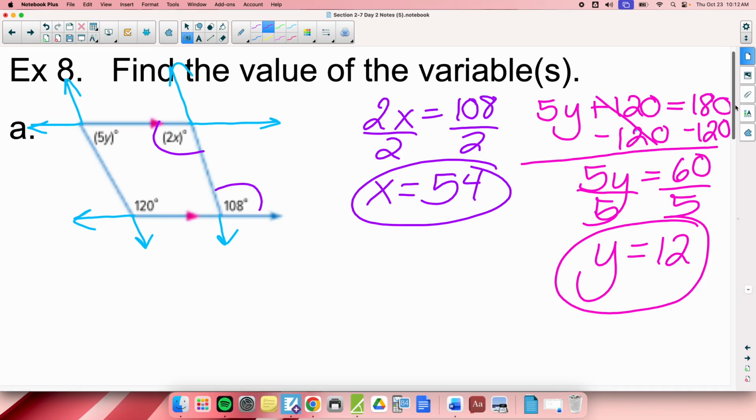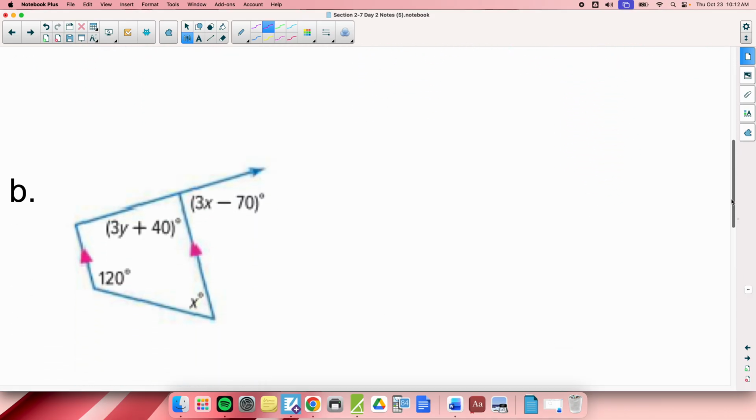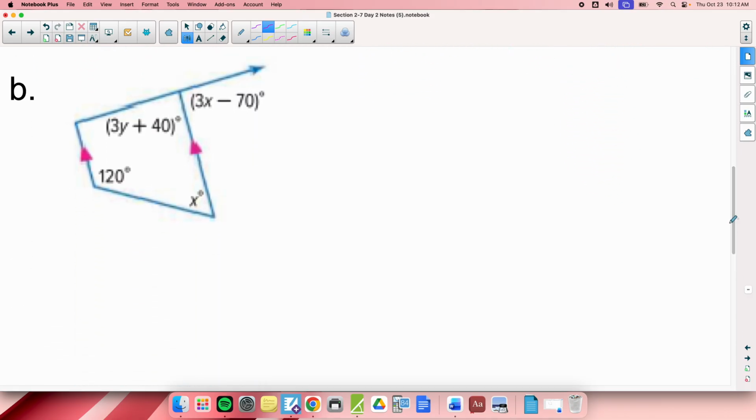And if I was doing this, especially on a test or a quiz, and you get an ugly decimal, like 5.23, and it keeps going on, that should tell you you did something wrong. You could maybe get like 0.5 or 0.75, but you shouldn't get a super ugly decimal.